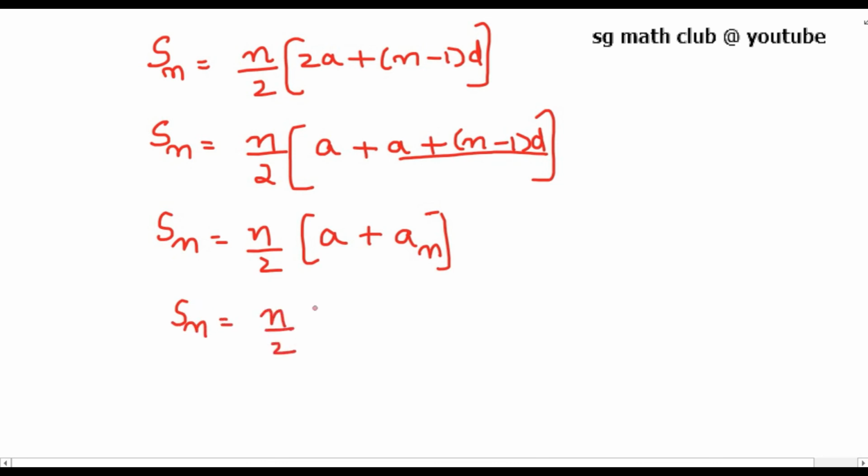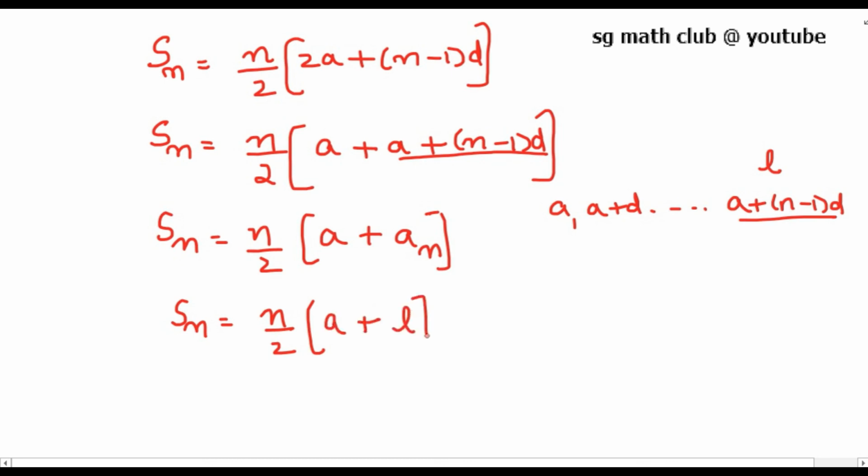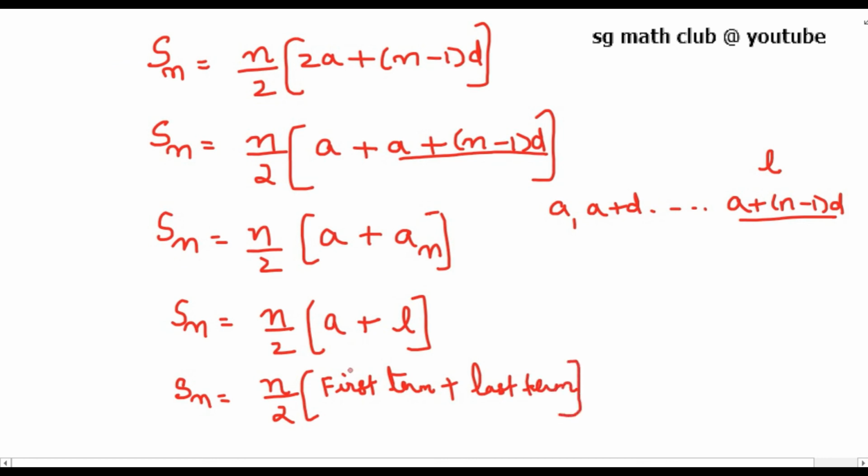If there are only n terms, like a, a plus d, etc., the last term will be a plus n minus 1 into d. So I can replace this as L, where L stands for the last term. So Sn equals n by 2 into first term plus last term. If the last term is given, then this is the easy formula: n by 2 into a plus L, where a is the first term and L is the last term.